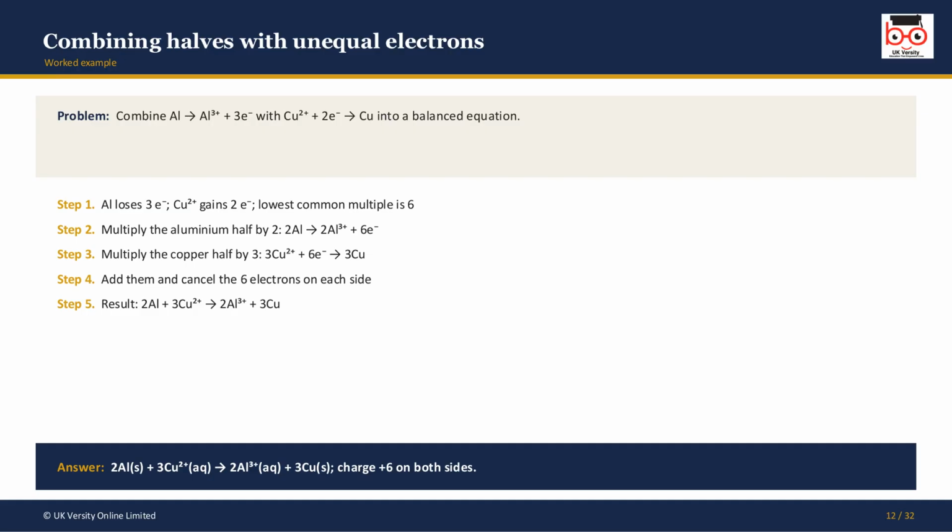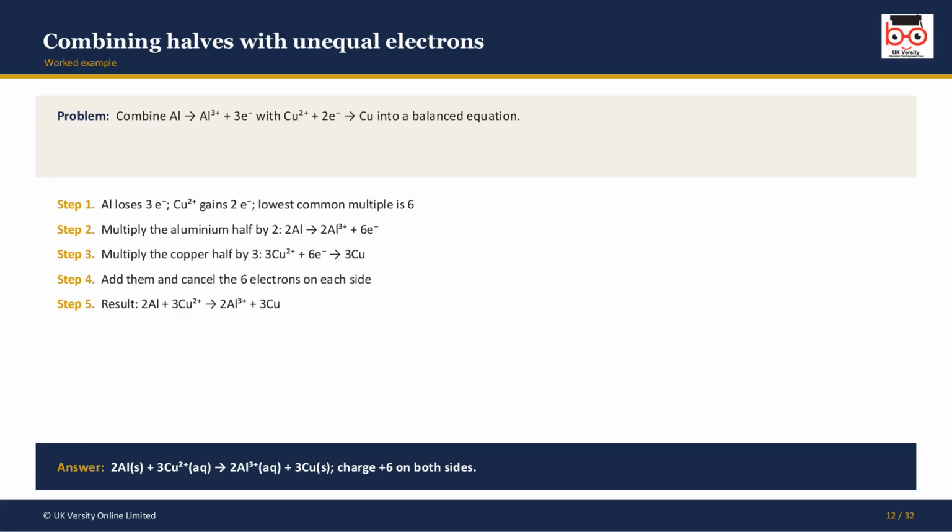Let's combine two halves that don't have matching electrons. Aluminium goes to an aluminium 3+ ion plus 3 electrons, and a copper 2+ ion plus 2 electrons goes to copper. Aluminium loses 3 electrons and copper gains 2, and the lowest common multiple is 6.